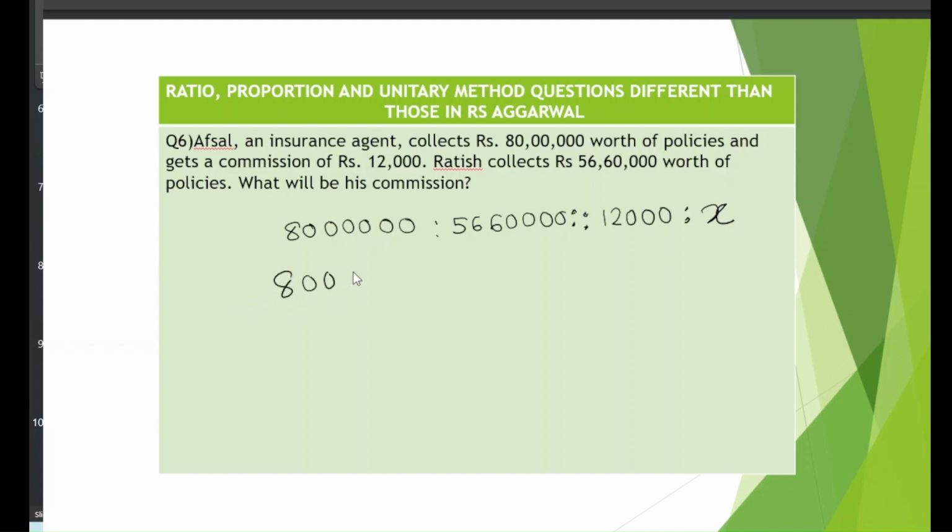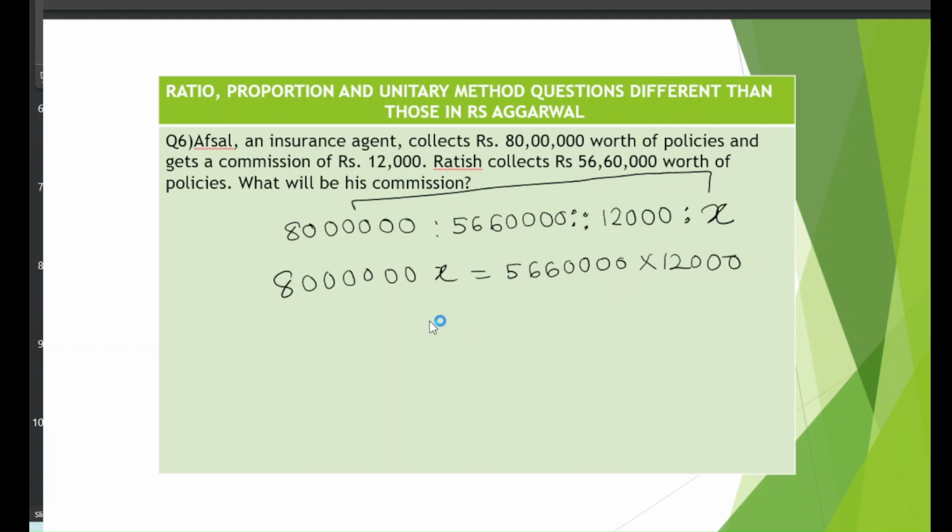80 lakhs. We'll do the product of extremes first. 80 lakhs into X is equal to 56 lakhs 60,000 into 12,000, right?